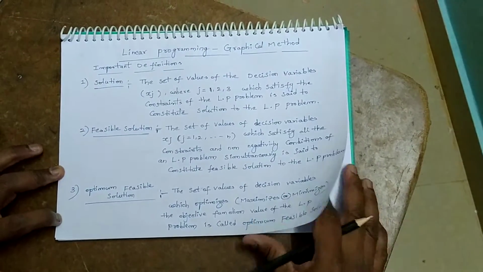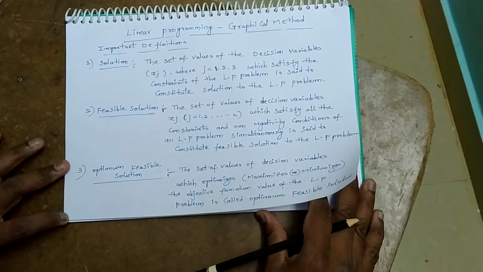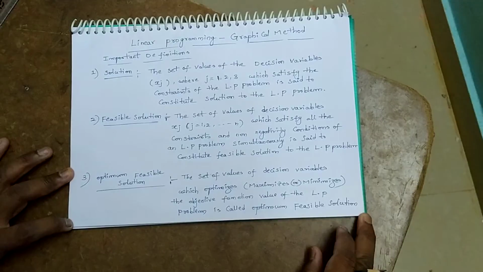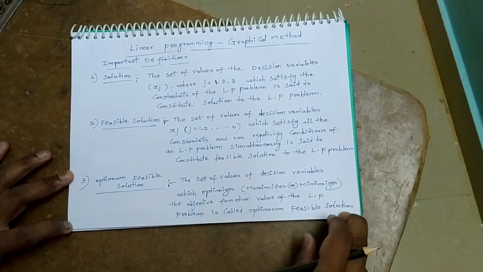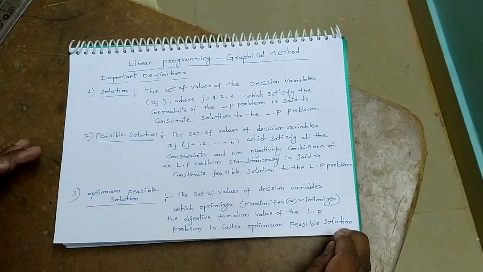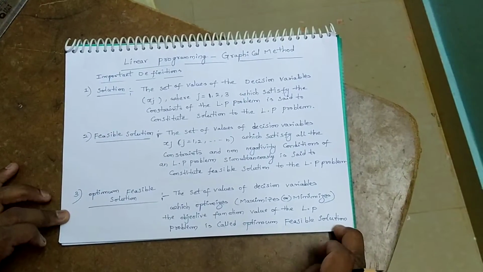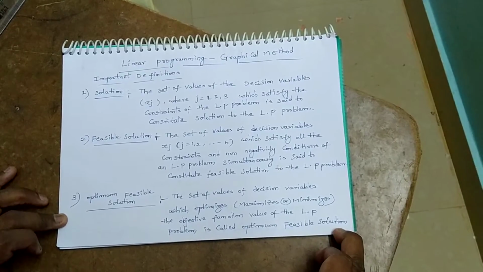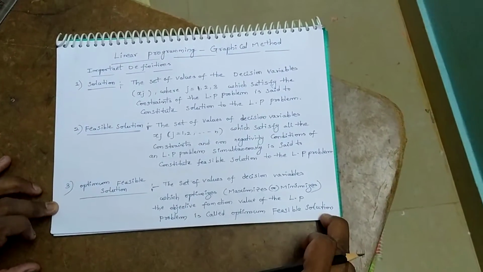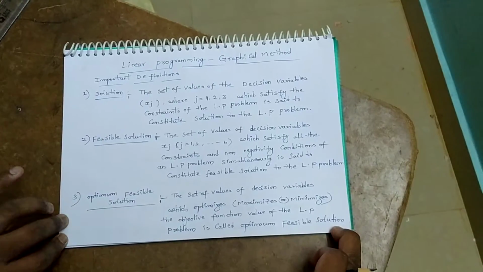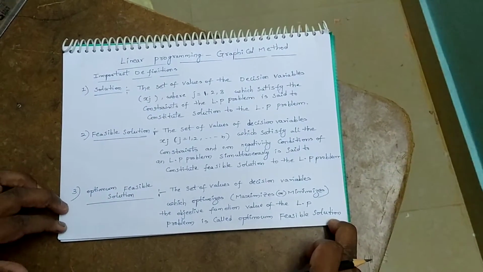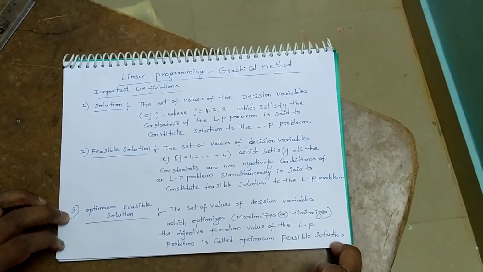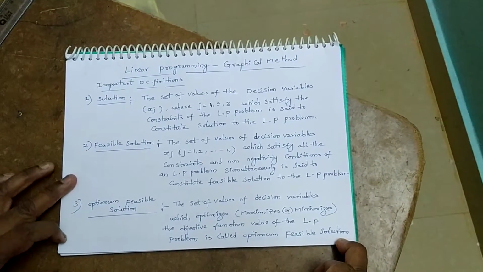Now coming to the third important definition, which is the optimum feasible solution. It is the set of values of the decision variables which optimize the objective function, so the value of the objective function becomes either maximum or minimum. That means for one particular set of decision variables, the objective function is optimized.